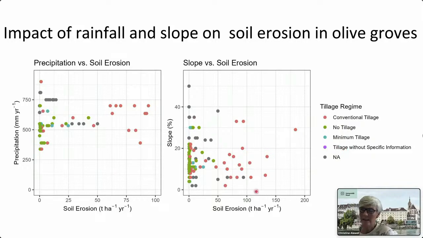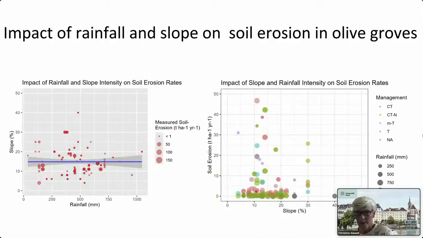We couldn't really see a clear pattern. We tried it differently, also in a three-dimensional plot with slope and rainfall against the amount of erosion, and there's no clear pattern. Also, if we include the management type, again conventional tillage, no tillage, we don't really see any clear indication for the reason of the high erosion rates.